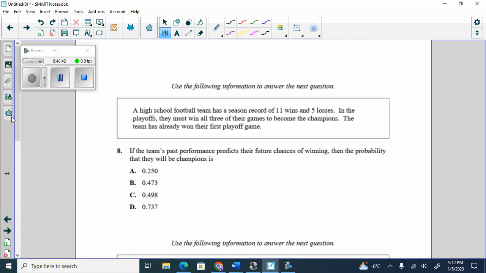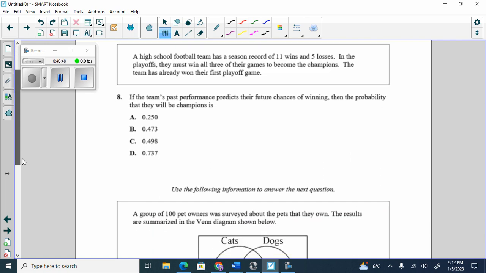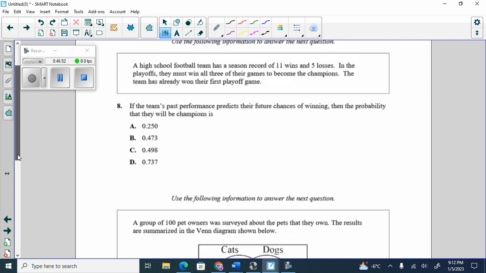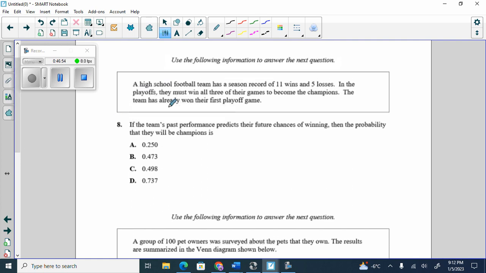All right. Do these last two, and then I'll take a break till tomorrow. So we're going up to multiple choice 9. So we have a high school football team has a season record of 11 wins and 5 losses in the playoffs.